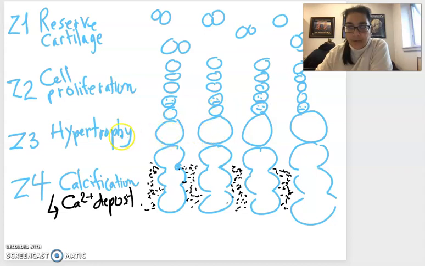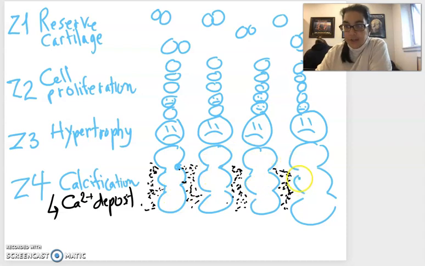And all of a sudden, when they hypertrophy, they're basically starting to die. And at this point over here, there are no more cells. No more cells in here, they're all dead. So what you end up having is you have these open, empty lacunae, and it's basically these channels that are empty ghost towns because the cells are gone.